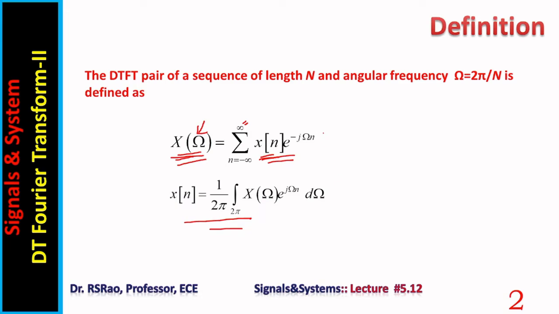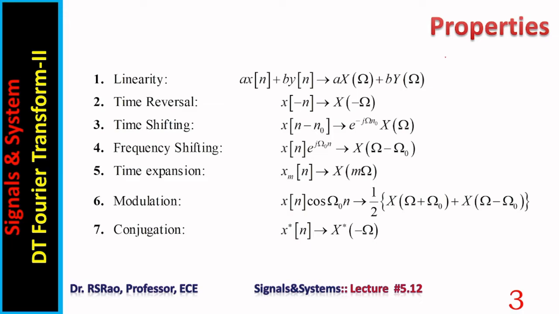Notice n is similar to t. This omega is similar to angular frequency 2 pi f. After having the defining relations in our minds, let us consider the important properties.